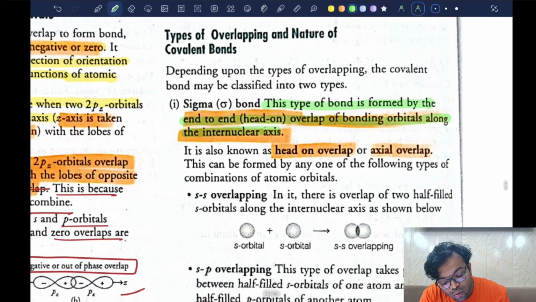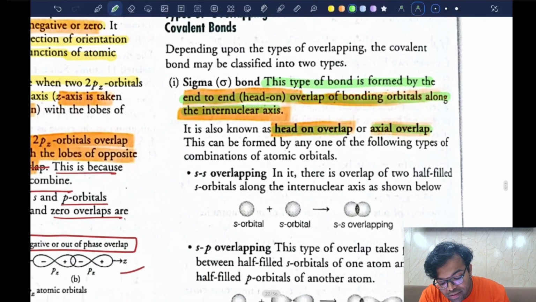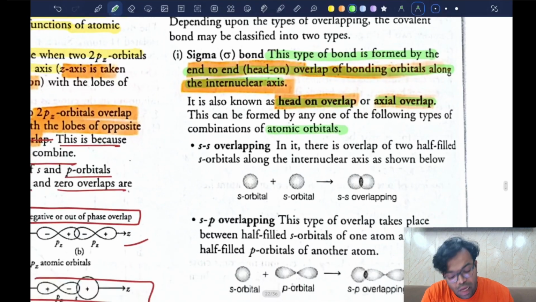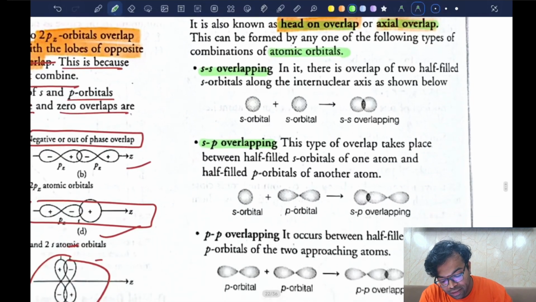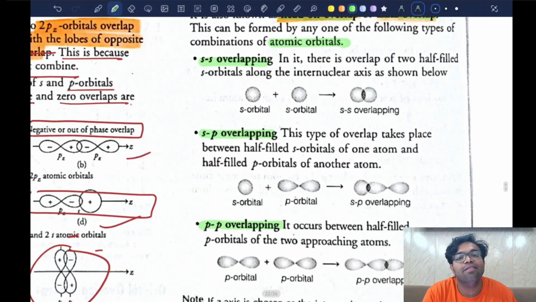This is also known as a head-on overlap or the axial overlap. This can be formed by any one of the following types of combination of atomic orbitals: the ss overlapping, the sp overlapping, the pp overlapping. That is all that you have to do, at least at your level of curriculum.